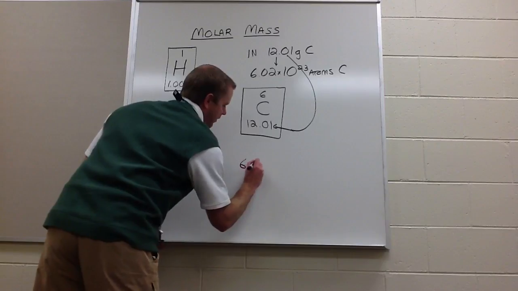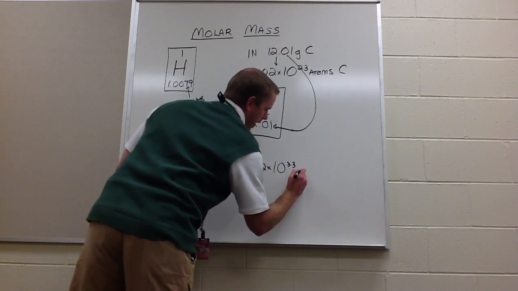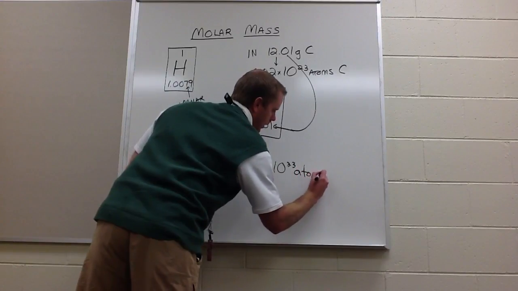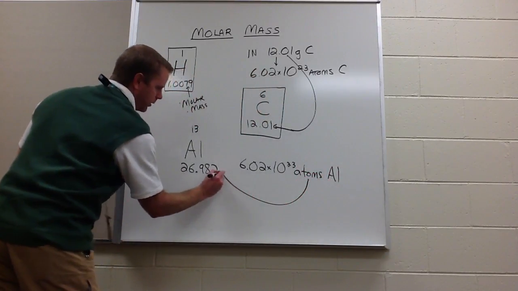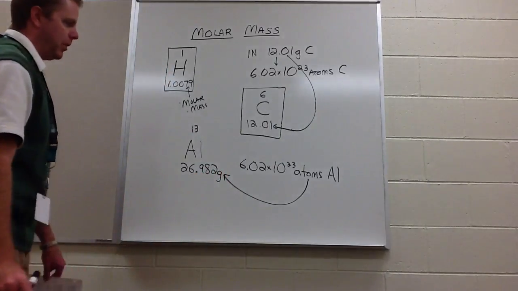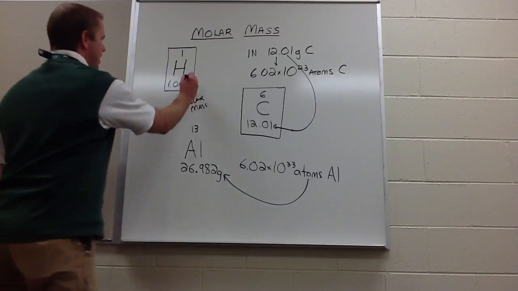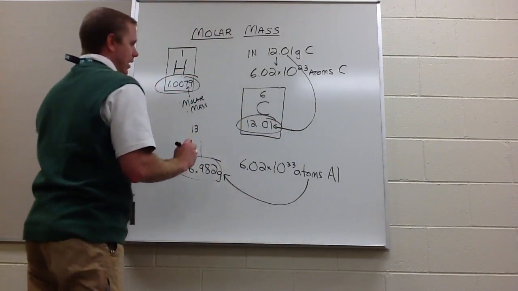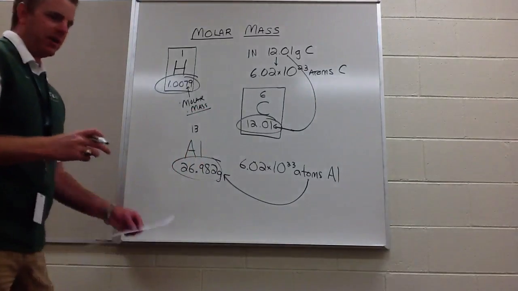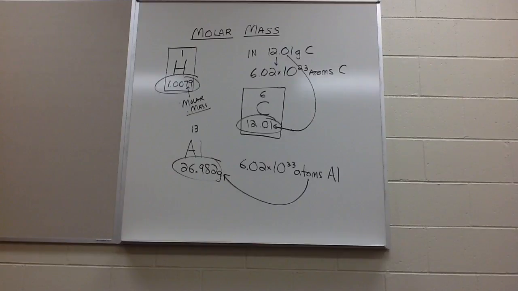It means that in 6.02 times 10 to the 23rd atoms of aluminum, the mass would be 26.982 grams. So, pretty awesome that we could take these weights, and they're the molar mass. Again, another way in which Mendeleev's periodic table is so awesome.